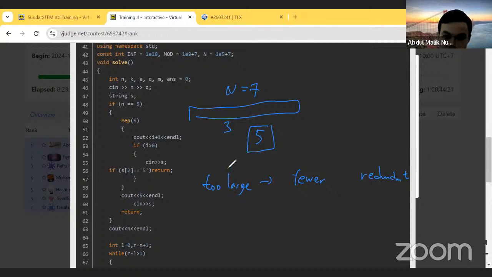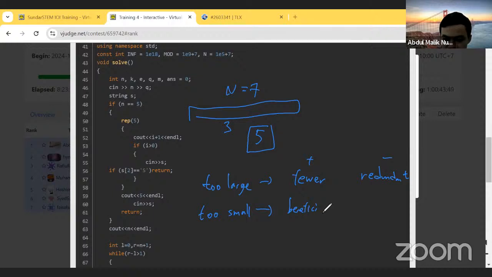Okay. And then how about the other possibility, that the response is too small? If this is too small, then the good news is our query with value 5 is beneficial, right?